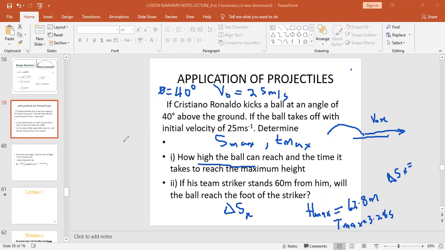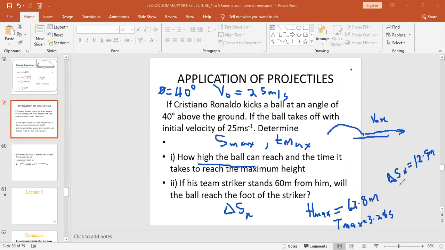Okay, 12.9, right? So range will be positive 12.9 meters. I used acceleration due to gravity as 10.9. Okay, that's fine.